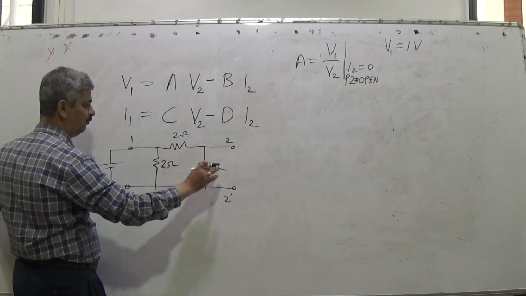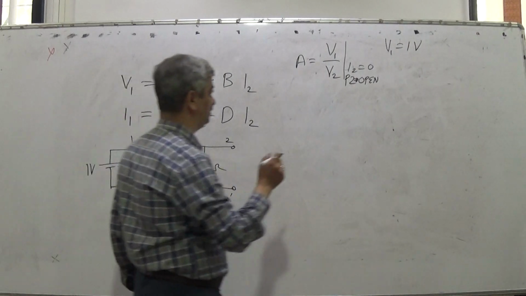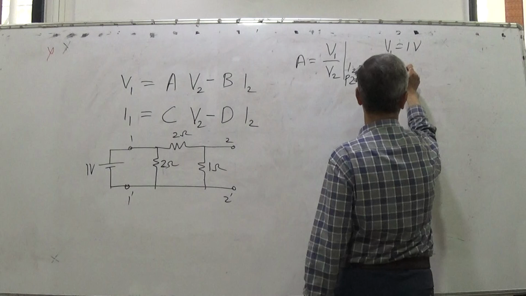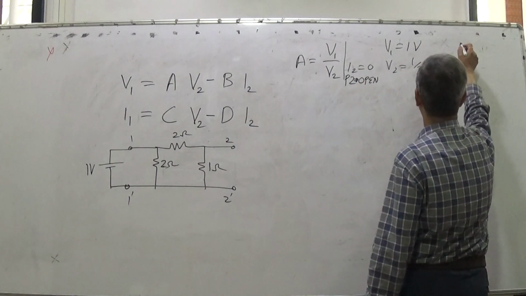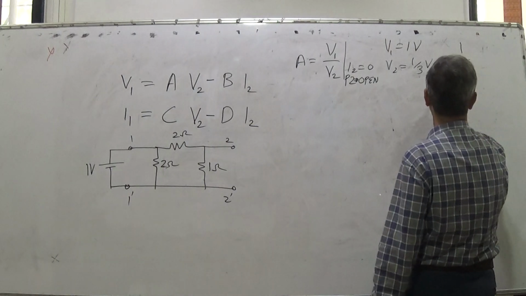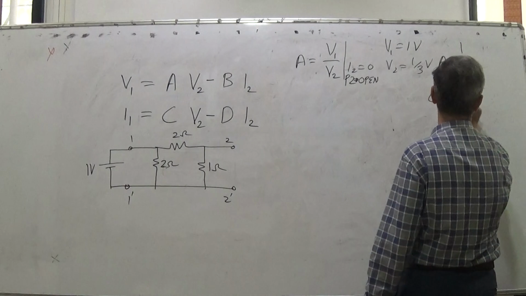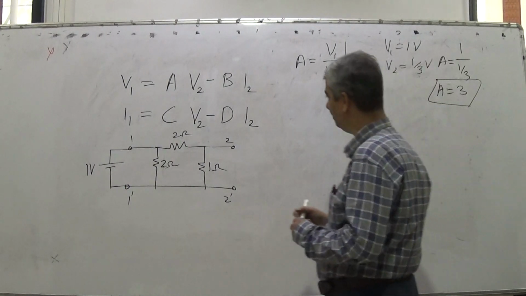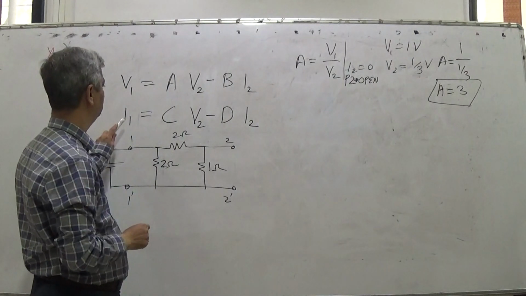So V2 is 1/3 volts. So A is equal to 1 upon 1/3, A is equal to 3, unitless. When port 2 is open, we immediately find this one.